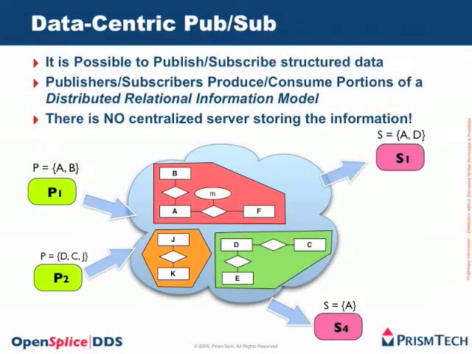So in this case, let's assume that P is publishing A and B, so topics A and B, and P2 is publishing D, C, and J. And in this case, we have S1, which is subscribing to A and D, and S4, which is subscribing to A. So once A is published, of course, it's distributed to interested parties. There is no surprise here.